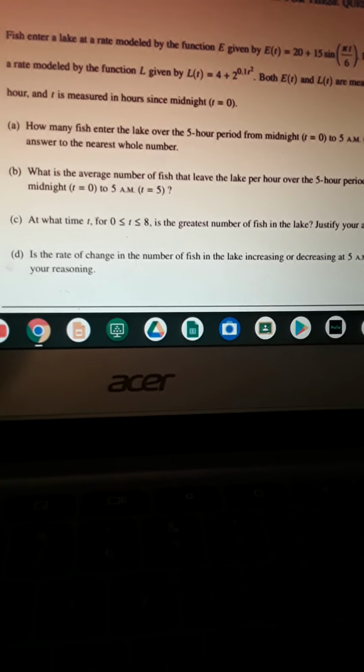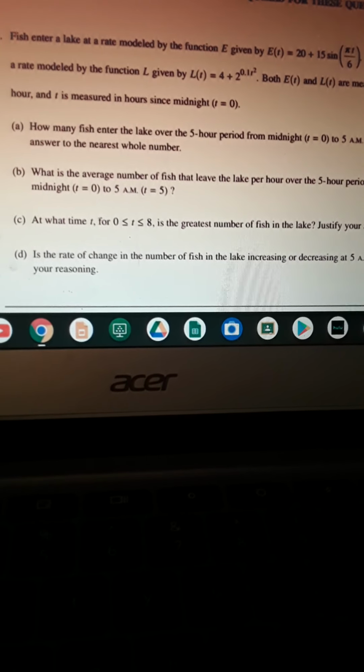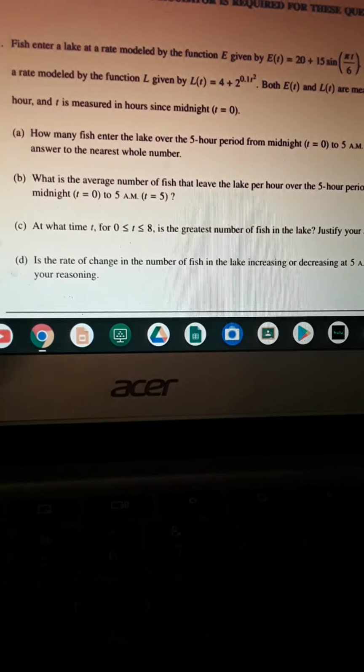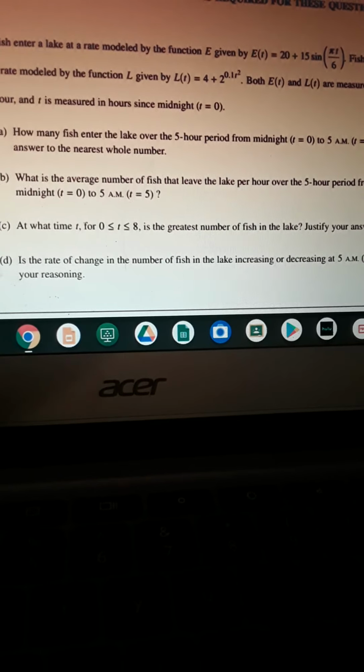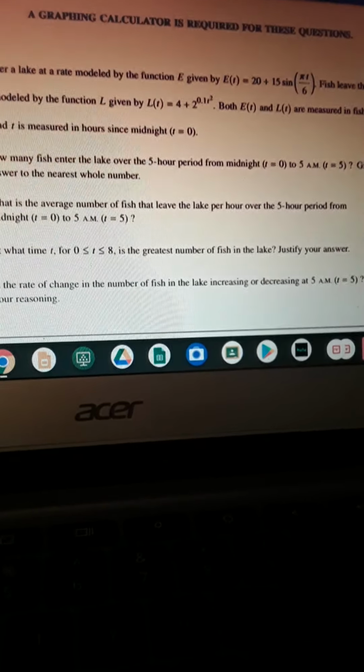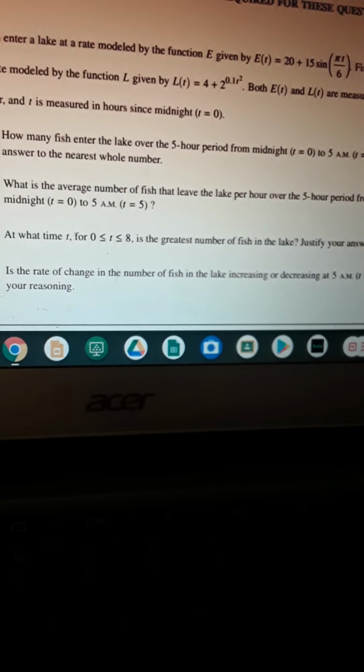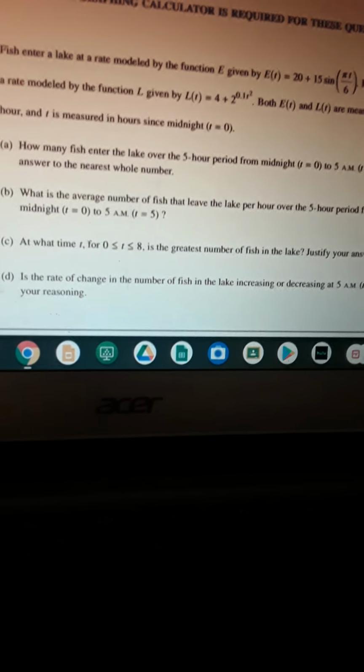Isn't that just the absolute maximum number of fish in the lake? So what do we do when they're asking us for the absolute maximum? We do a candidates test. But it's not as simple as you think it's going to be.